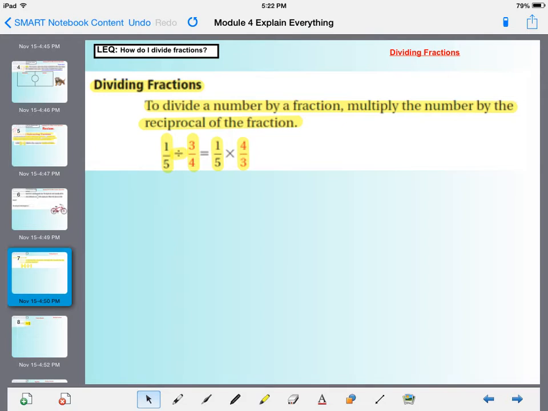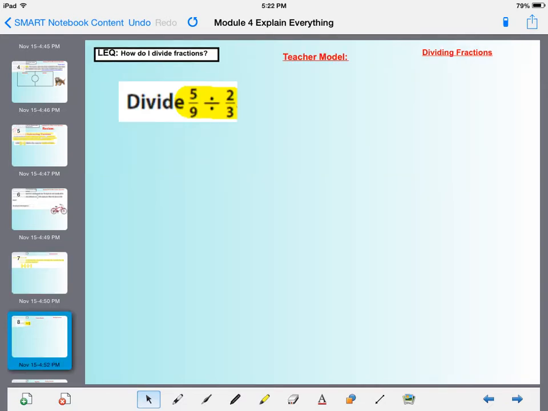The division sign changes to multiplication, and now we do the reciprocal of the second fraction, so we technically flip or invert that second fraction. So if we have to divide 1/5 divided by 3/4, the rule says we're really taking 1/5 and multiplying it by 4/3.